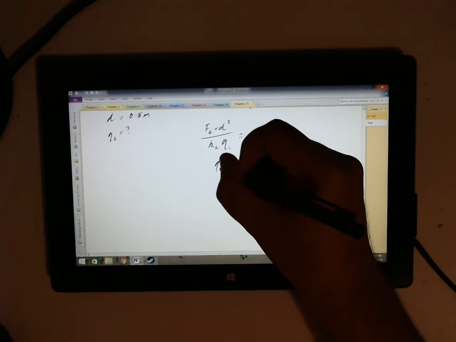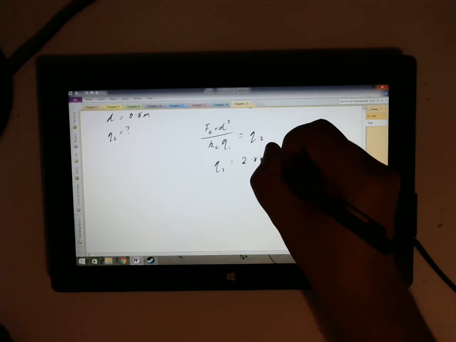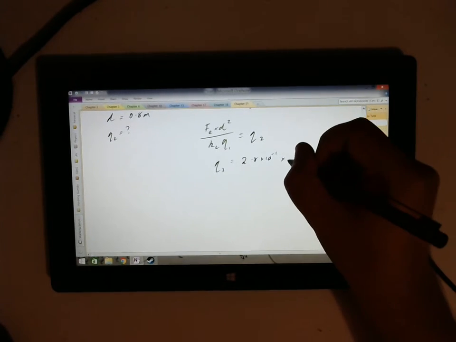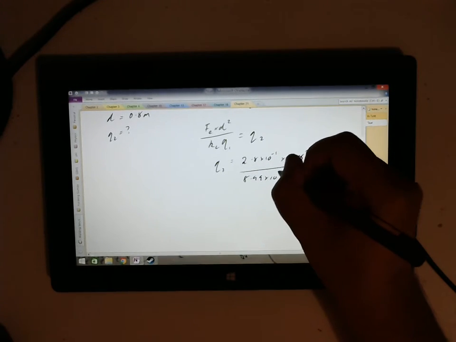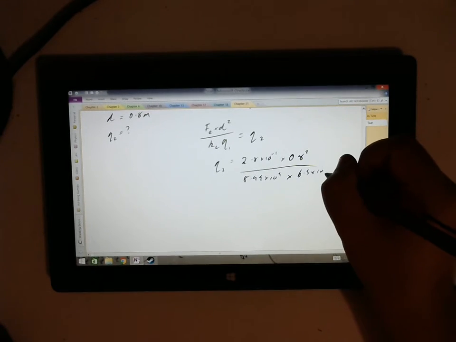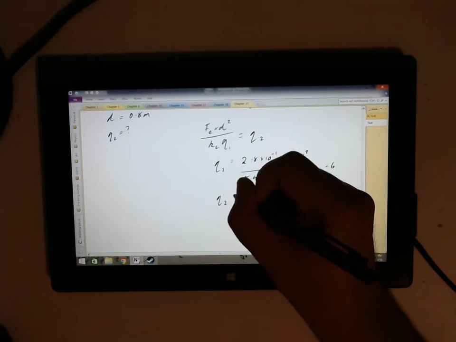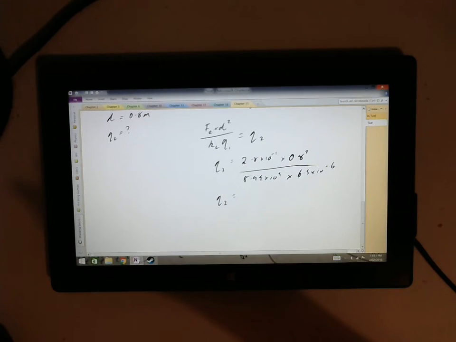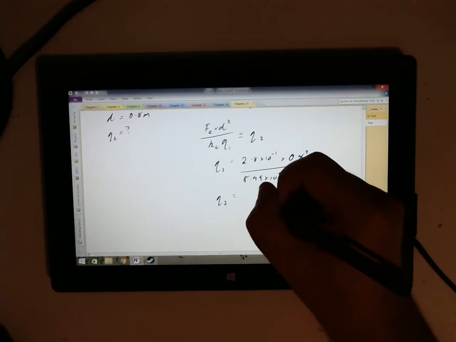So Q2 equals the force, 2.8 times 10 to the negative 1, times 0.8 squared, divided by 8.99 times 10 to the 9 times 6.5 times 10 to the negative 6. Okay, and if you chuck that in, you will find that the answer for Q2 will equal, and I did this earlier with Ali, so I know it's correct, 3.1 times 10 to the negative 6.